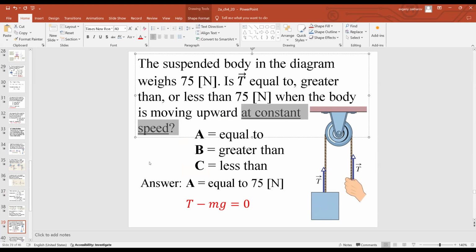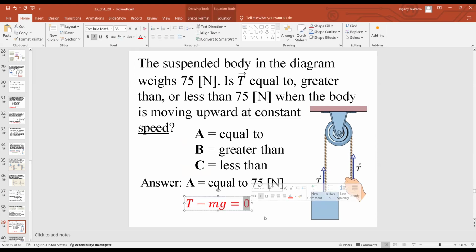speed. Constant speed means no change in speed and no change in direction. So velocity is also constant, which means acceleration is zero. If acceleration is zero, the right side of the second Newton's law equation is zero.